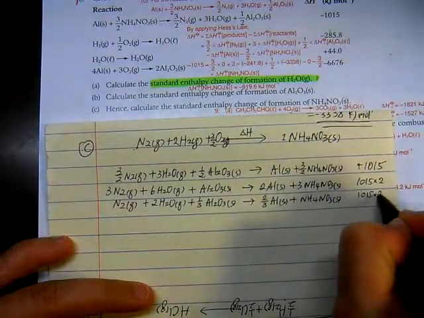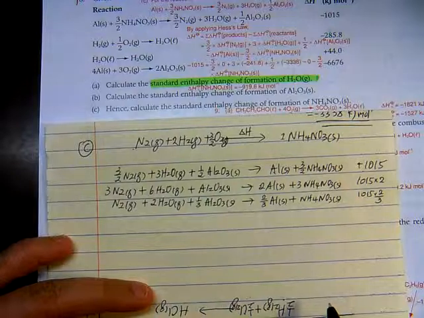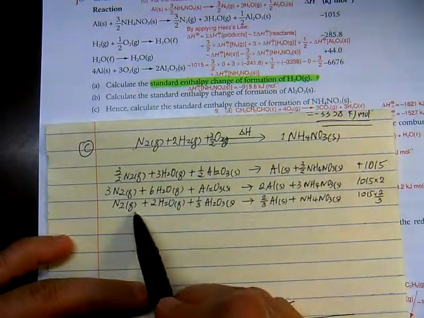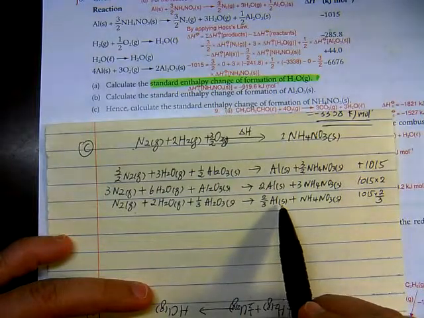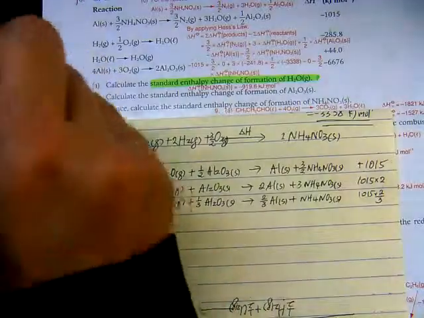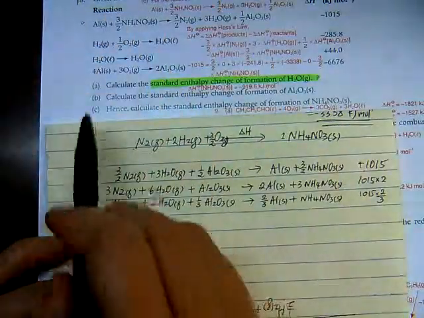So, divide the value by 3. Do you understand? Next, we need to cancel aluminum by using another equation.